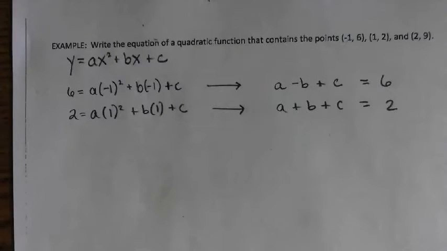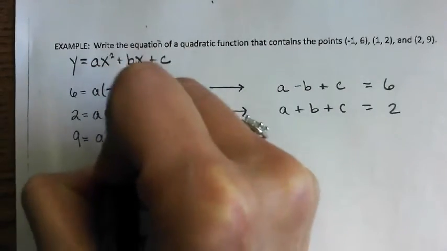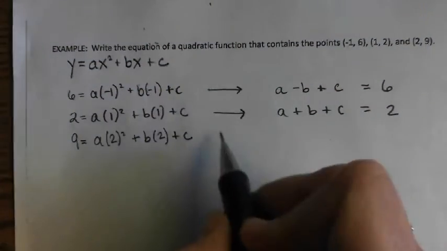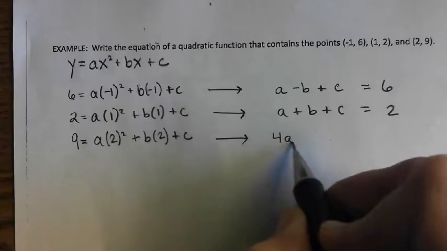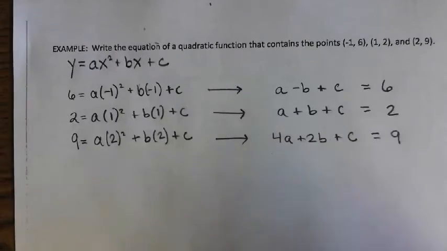And the last equation is going to come from, because we still only have 2 equations but 3 variables, you need 3 equations and 3 variables to make something possible. So we're going to plug in 2, 9. 9 equals a times 2 squared plus b times 2 plus c. That's going to give us 4a plus 2b plus c equals 9.